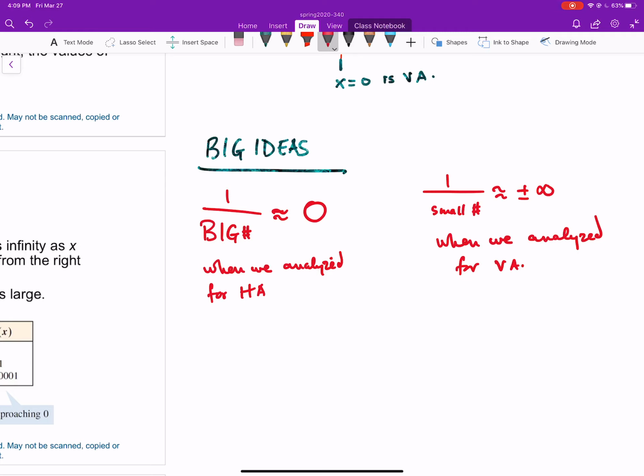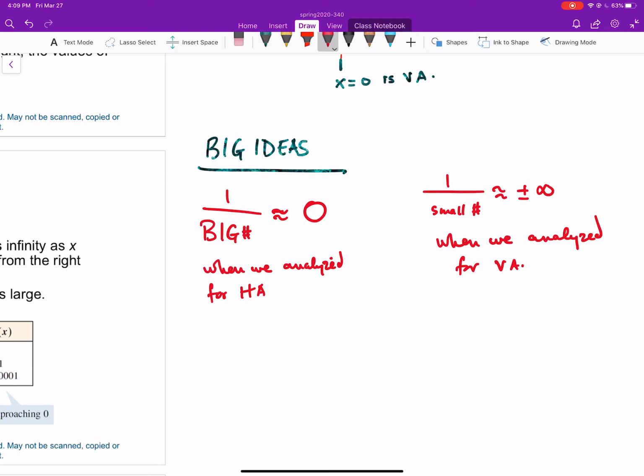So if you have your rational functions and you're trying to figure out horizontal asymptotes, you're trying to plug in a big number, both positive or negative, to see what the outcome will look like. If it goes to 0, you have discovered the horizontal asymptote.